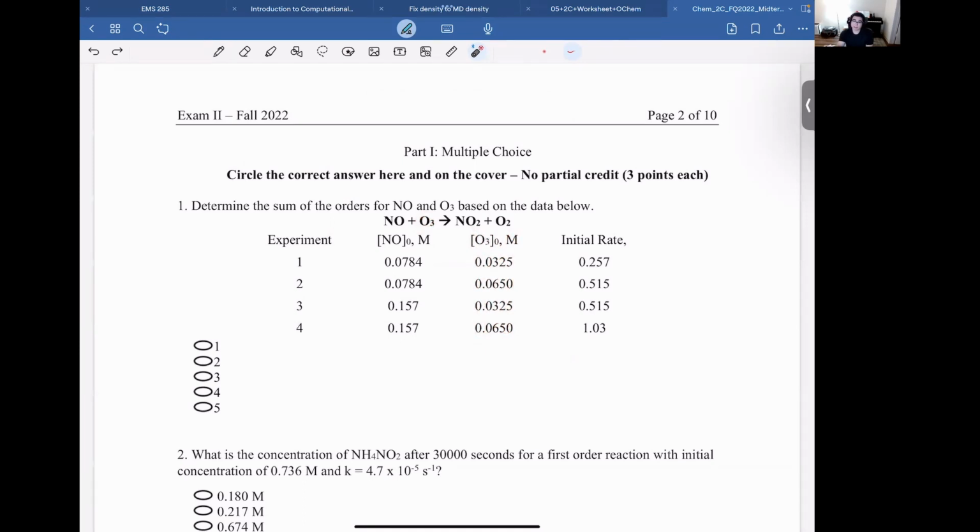If the rate stays the same, then you know it's zeroth order. But you can plug different values in to see how it changes. So for first order, if you double the concentration, the rate should double. Second order would quadruple, and then 0th order, the rate would stay the same.